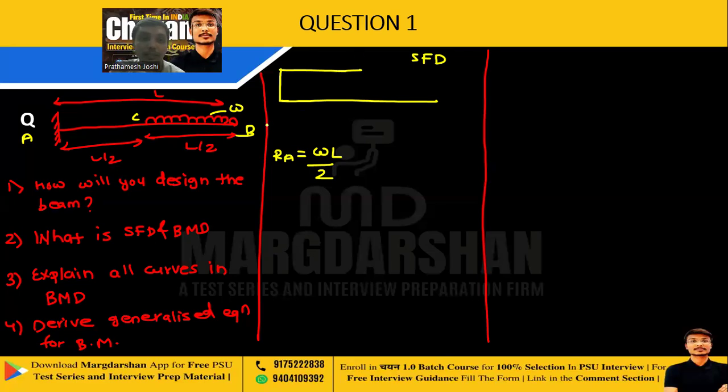Since this is a UDL, here it will be a linear inclined line. So this is like this. Extremely sorry. A, B, and this point is C. So this was our SFD. This is WL by 2. Here it is constant, and 0 here, 0 here.